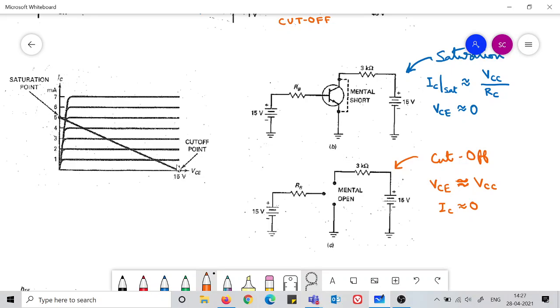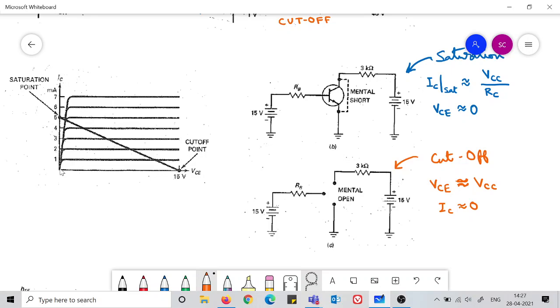So now we have a load line coming into the picture. We are not operating in the breakdown region, so we don't need to worry about it. But other possible regions of operation can be cutoff, saturation, as well as the active region. So now in the active region we are setting up some current IB.